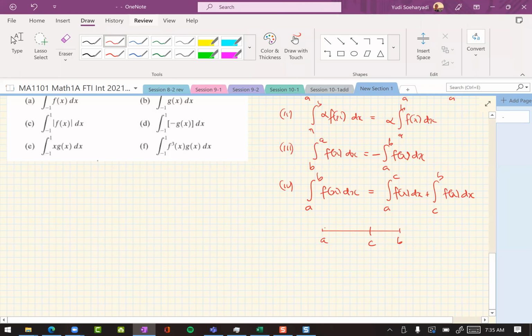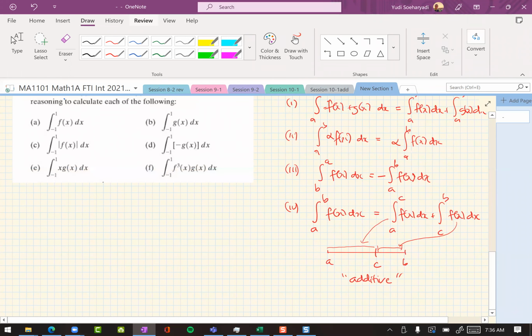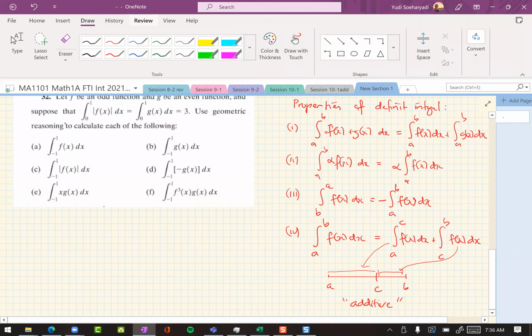So you compute this integral here, and then you get the whole thing from A to B. This is the additive property of the definite integral. So those are the properties that we will use.